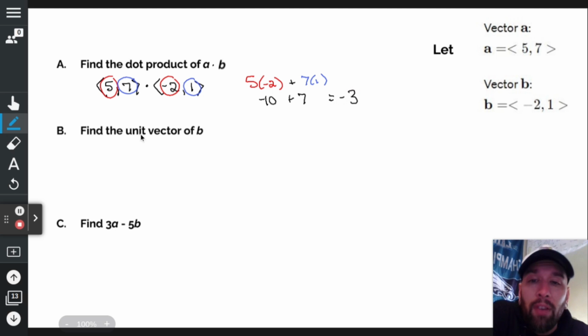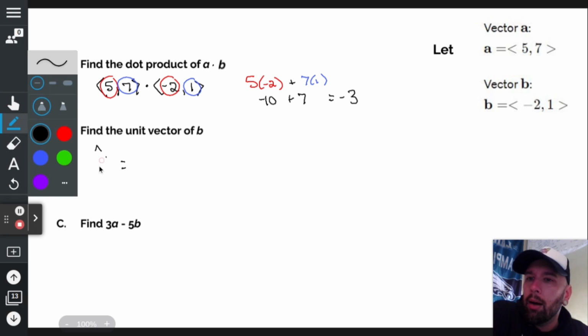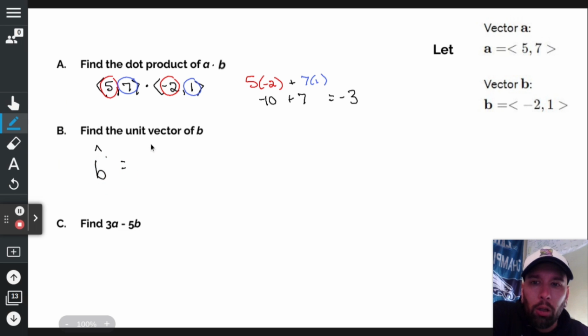Find the unit vector of B. Now, the unit vector is basically 1. So what do I do to B to get back to 1? Well, this is what you do. The unit vector is found, and by the way, unit vector is usually given to you by that little hat-looking thing. What you do is you take the vector that we're dealing with. So the unit vector of B is going to be regular B over the magnitude of B. So why don't I quickly find the magnitude of B?